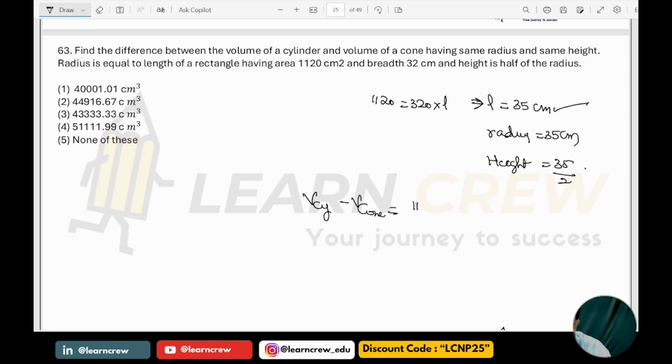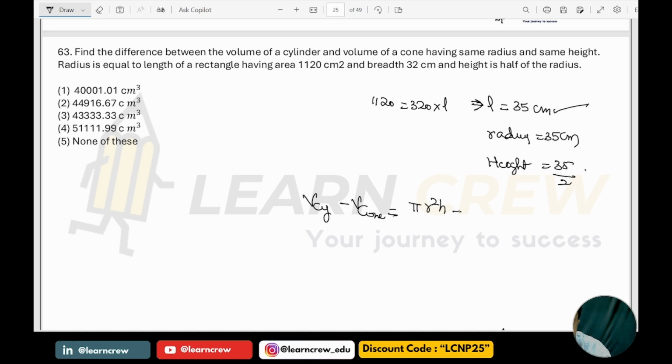Volume of cylinder is pi r square h and cone is 1/3 pi r square h. Thereby you will get 2/3 pi, 22 by 7 r square. R square is 35 into 35, h is 35 by 2.